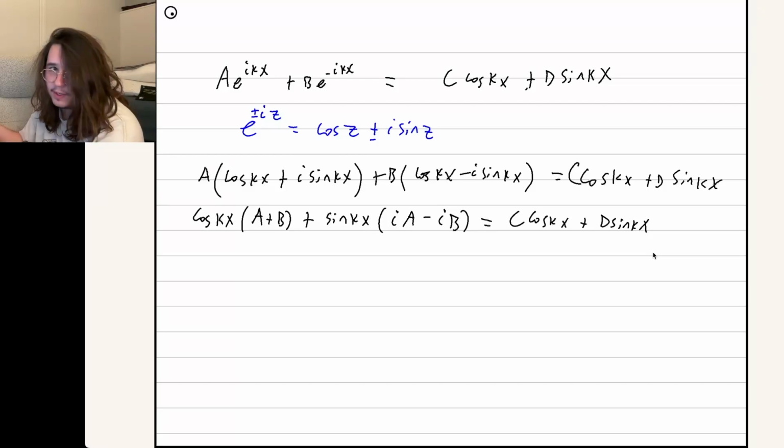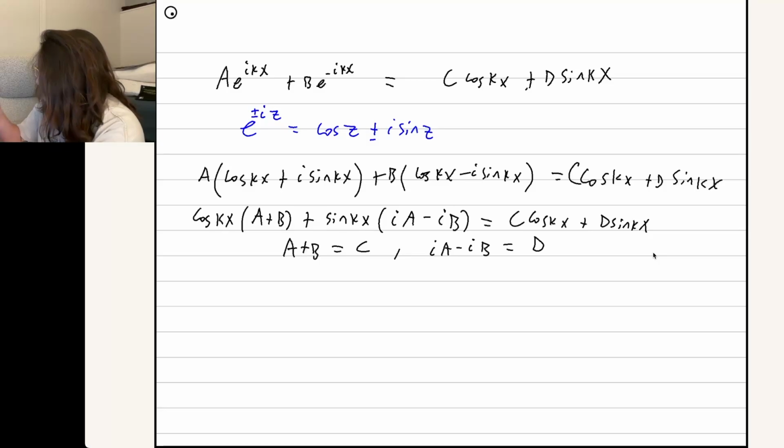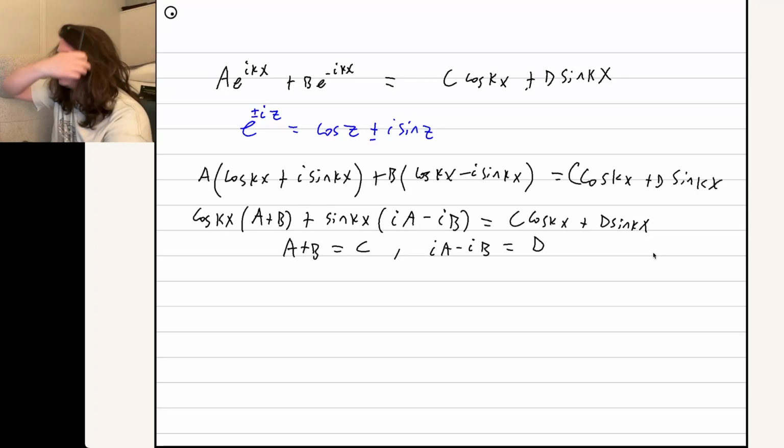Now we can just compare the left hand side and the right hand side and notice that a plus b is equal to c, and also ia minus ib is just equal to d, and we'll leave it like that.